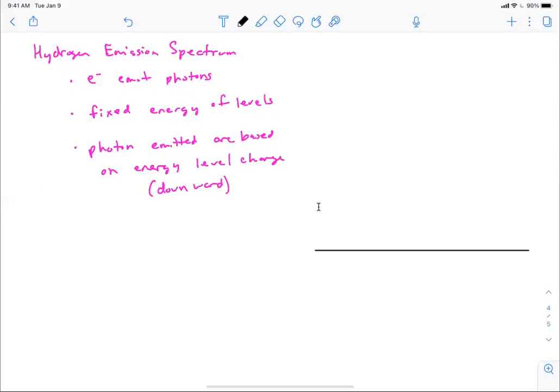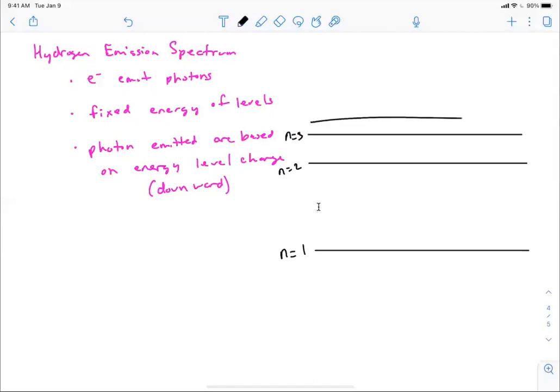You'll see n equals 1, n equals 2, n equals 3, n equals 4, n equals 5. I'm going to draw it here, so hopefully we'll call this n equals infinity.